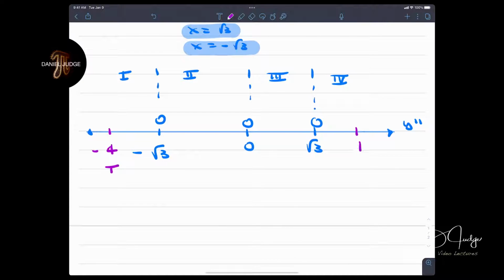Square root of 3 is bigger than 1. In fact, square root of 3 is about 1.7, so we're going to use 1 as a test point. 1's a good number, so it's negative 1. Okay, so we do have some good candidates.